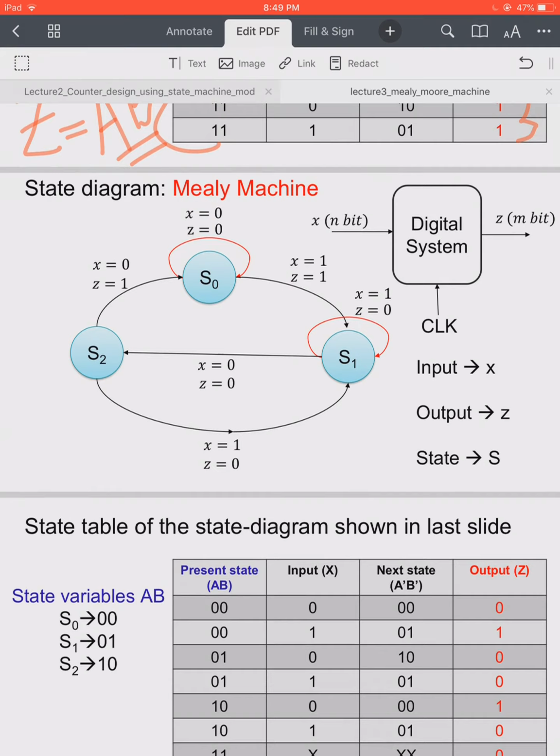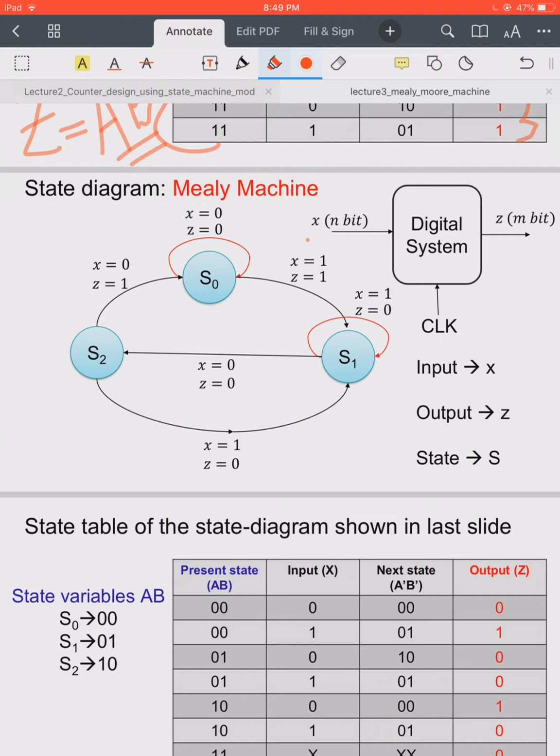So here you can see that output depends on the present state and also on the external input. In the state diagram we have defined the output in all the transition arcs.